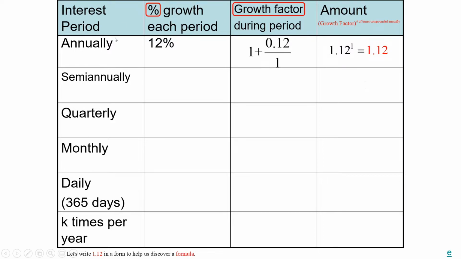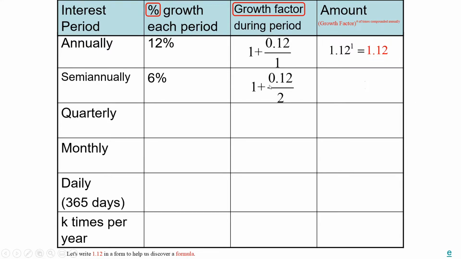Okay, now semi-annually. So every time I compound, if I'm compounding semi-annually, I'm getting half of that 12%, I'm getting 6%. Now, look at how I write my growth factor, though, so I can develop my formula. I'm going to go 1 plus 0.12, but I'm going to divide it by 2 to get that 6%. 1 plus 0.12 divided by 2.